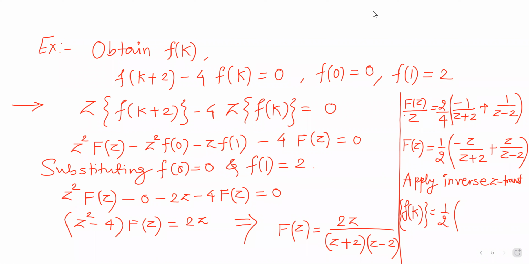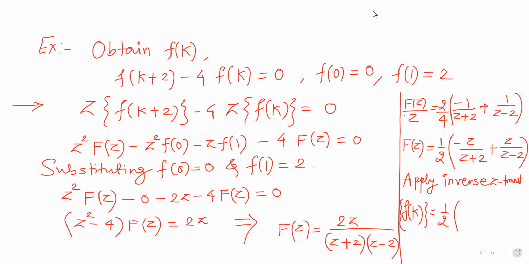See, here of course mod z is greater than 2, and it's a causal sequence because the values are defined from 0 onwards.